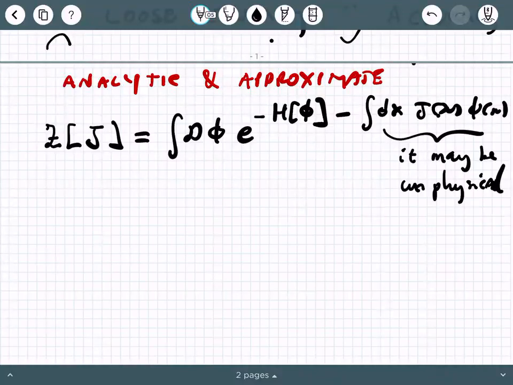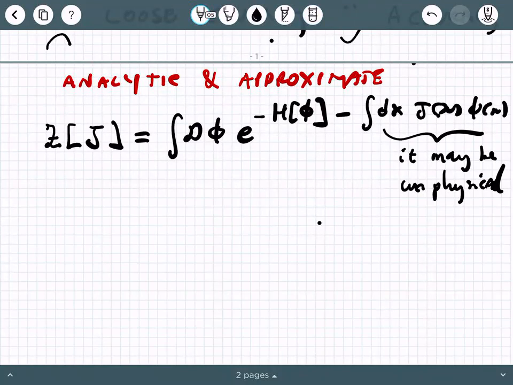However, even when it is unphysical, it does retain a great utility.